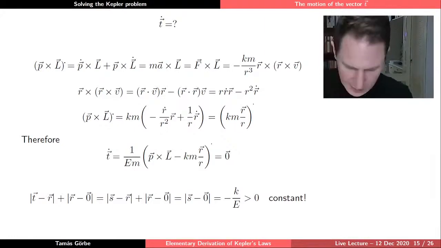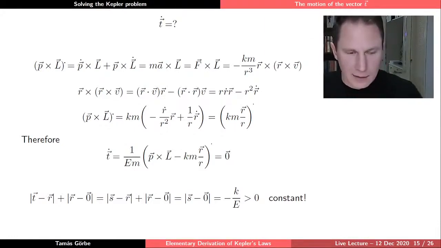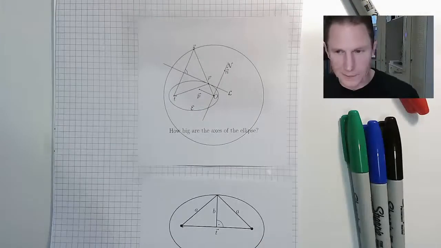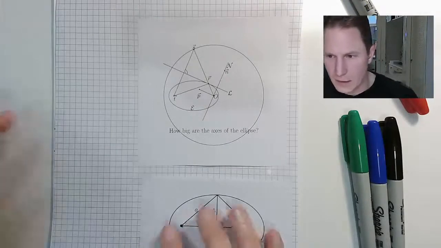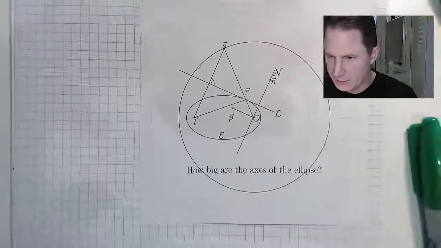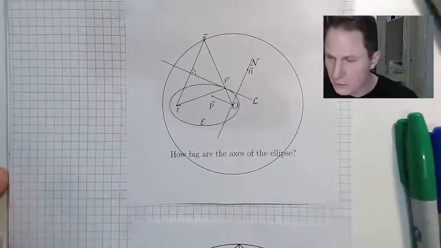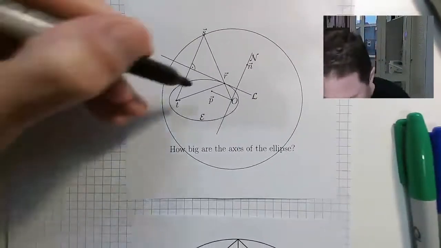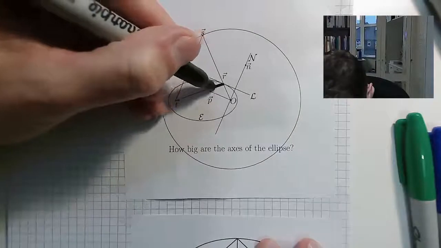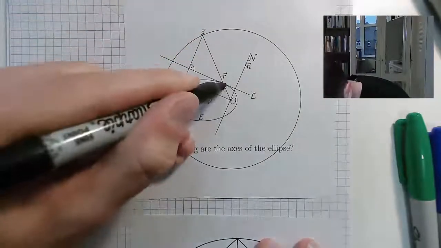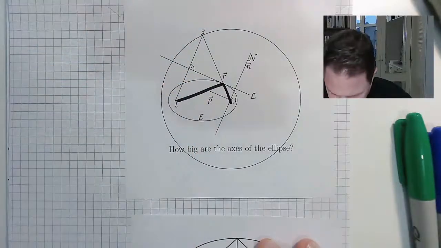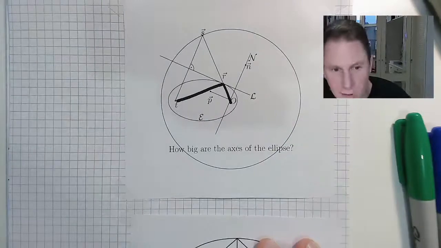That will of course mean that the distance between t and r and the origin is going to be constant.